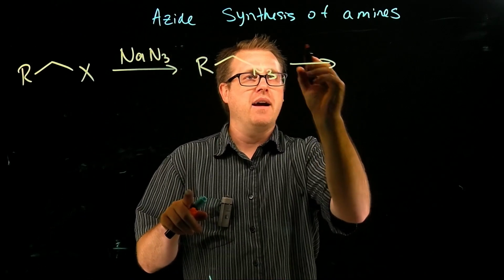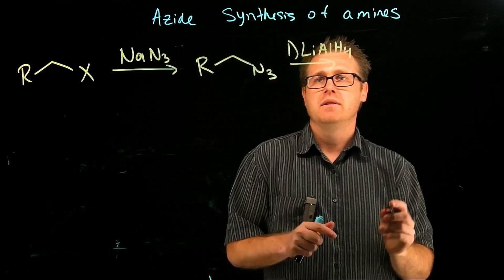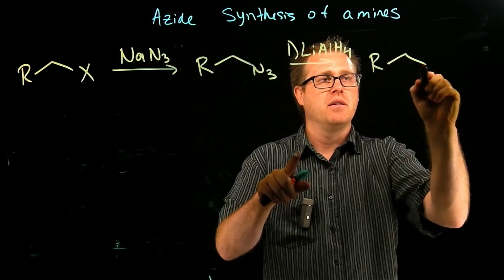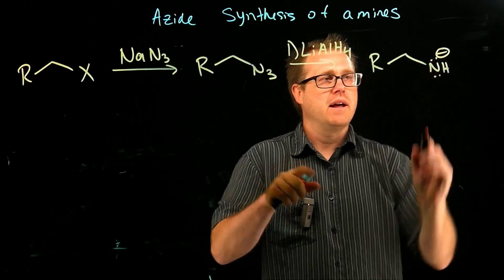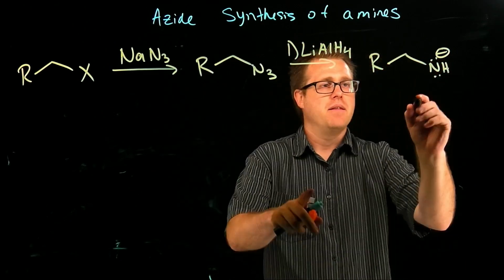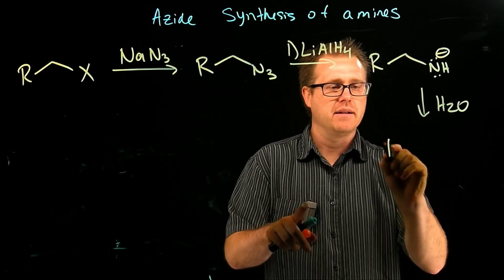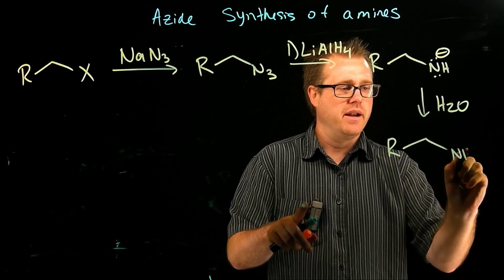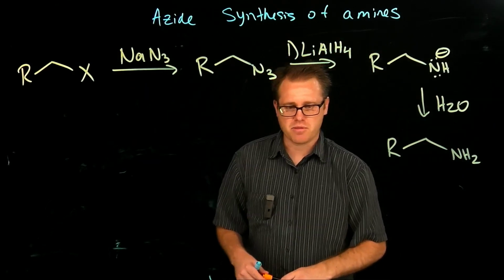And then you can treat that with lithium aluminum hydride, and that will give us that species. And then if you do an aqueous workup, you will protonate that and generate our amine. So overall, that's the process.